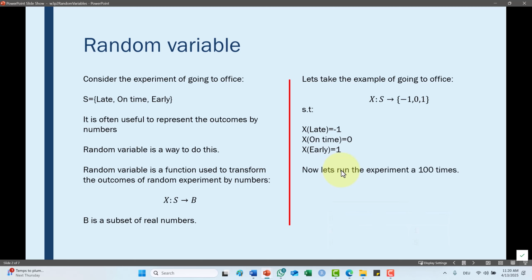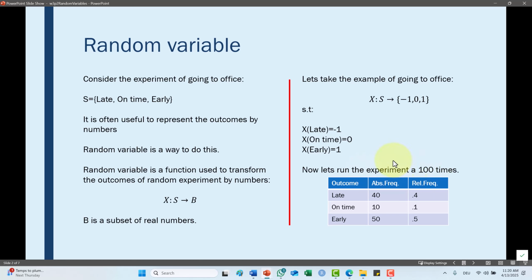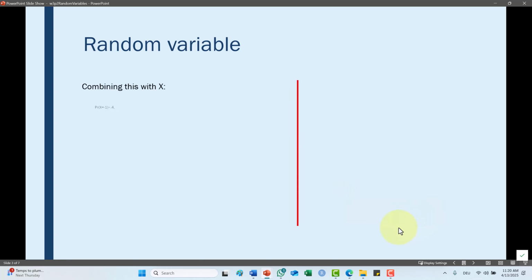Then we repeat this experiment, for instance, 100 times and record the arrival time. Late 40 times, on time 10 times, and early 50 times. The relative frequency is obviously 0.4, 0.1, and 0.5 respectively.